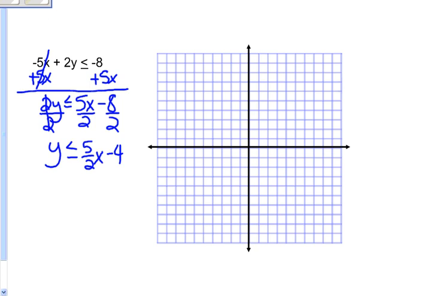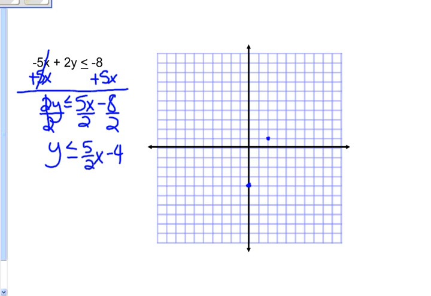So we're going to start off plotting our y-intercept, which is negative 4. So we'll go down 4 and put a point. From that point, we're going to use our slope, which is 5 over 2, to go up 5 and over 2. Put our point.